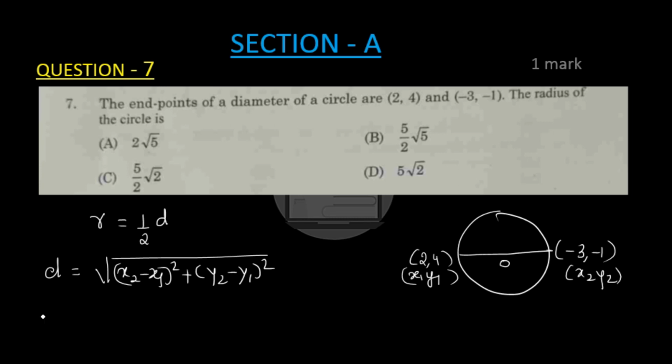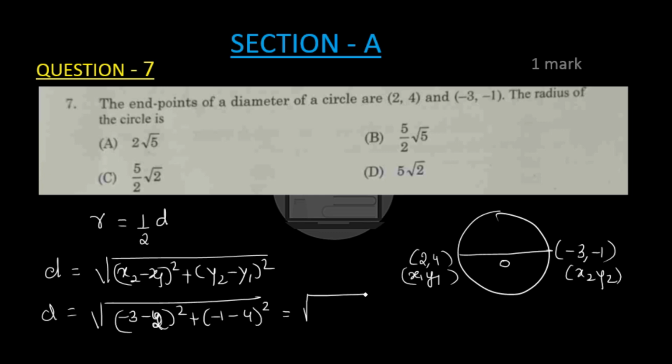If we apply this formula, then we will get the diameter as (-3 minus 2) whole square plus (-1 minus 4) whole square, which gives us a square root of (-5) whole square plus (-5) whole square, correct?